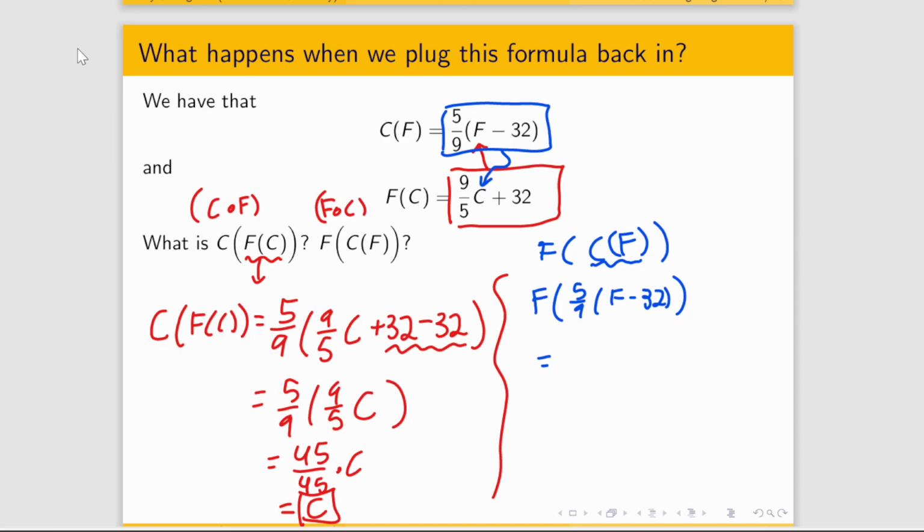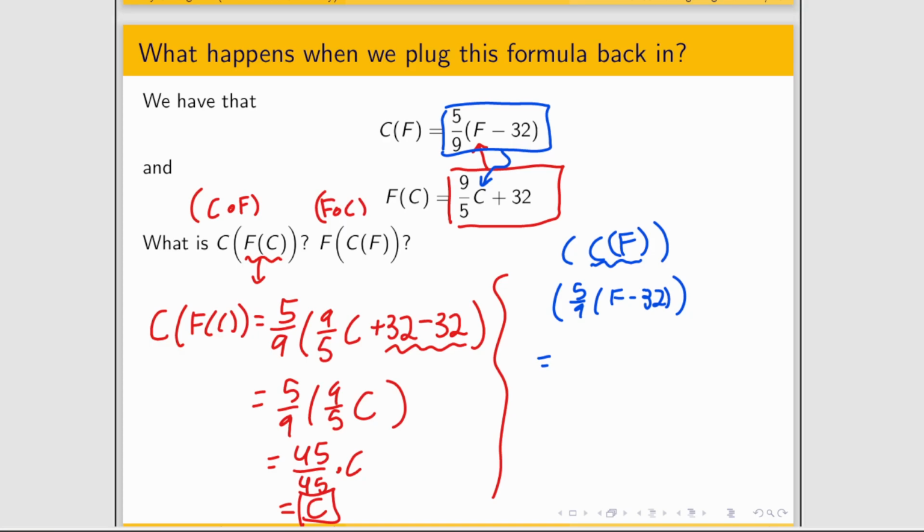With this f, I'm going to note that with a lowercase f to emphasize that that's a function we're talking about. We're not talking about the input f. So when we plug this in for Celsius here, then we have 9 over 5 times 5 over 9 times Fahrenheit minus 32, and then we still have this plus 32 on the outside.